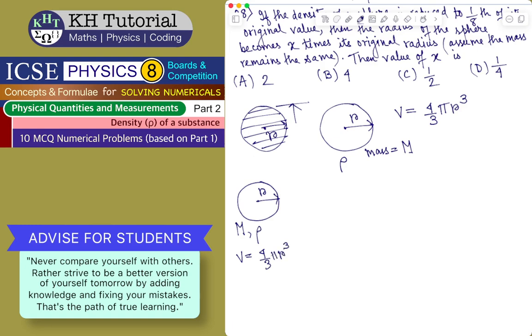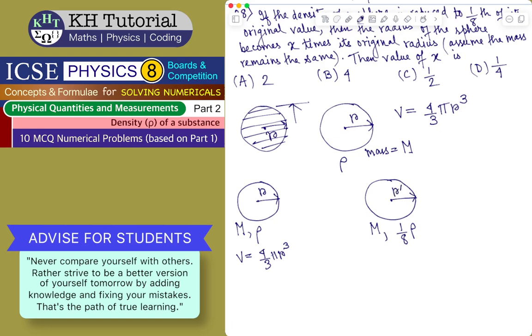When the density was reduced to 1/8 of the original density rho, and the mass remains the same, let's say the radius has become r dash.